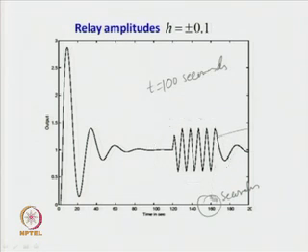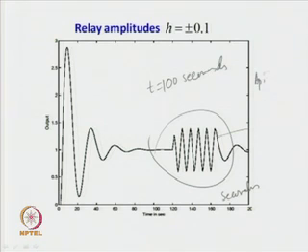Again, we make measurements on this limit cycle output. Since the limit cycle output is symmetrical, we can make measurements of AP and TU, and based on that the controller parameters can be set based on the models we obtain using AP and TU. Now, this limit cycle is symmetrical.